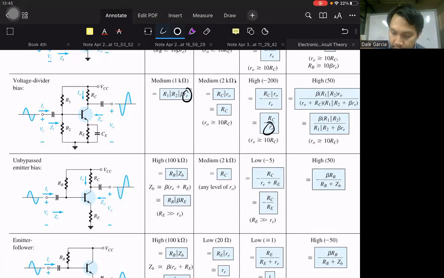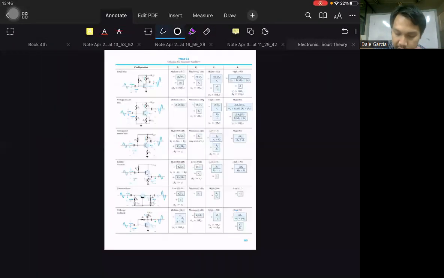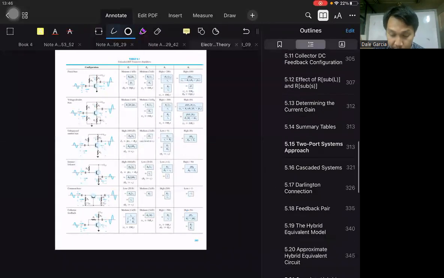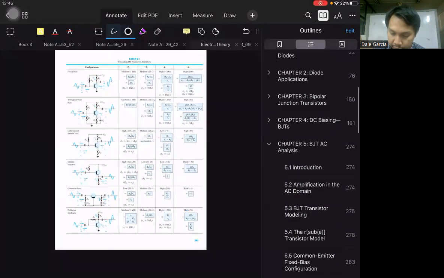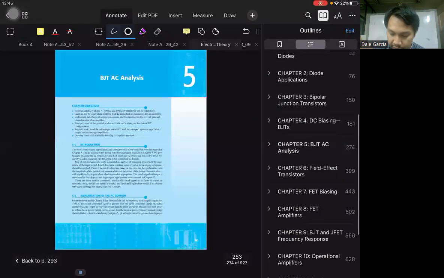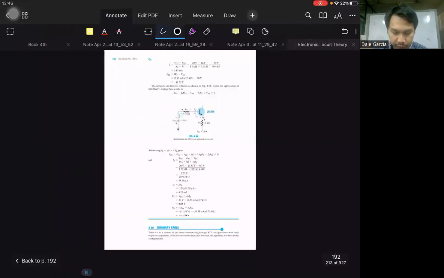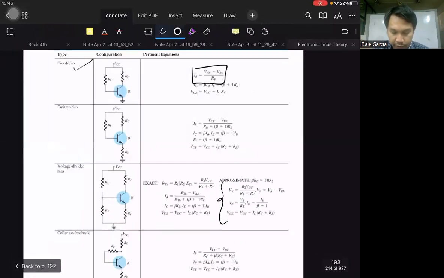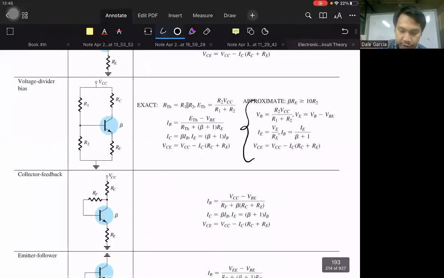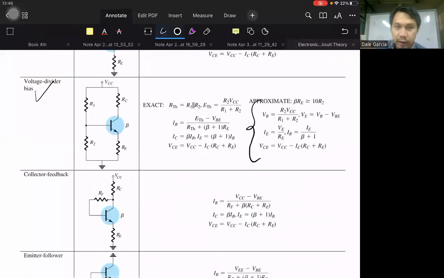So small re. And from the DC analysis, before we could solve for re, we should first have performed DC analysis. So referring to the DC analysis table, we'll use these formulas under the voltage divider bias.